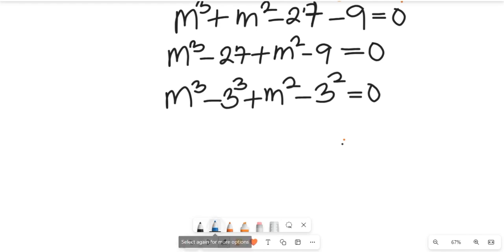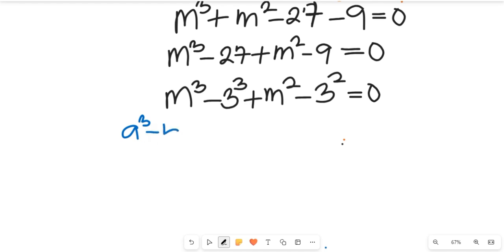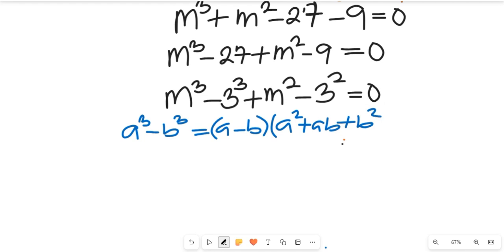Now I want you to recall two laws of indices, or algebraic formulas. From those algebraic formulas, we will have a to the power of 3 minus b to the power of 3 equal to a minus b, and then a squared plus ab plus b squared, right?